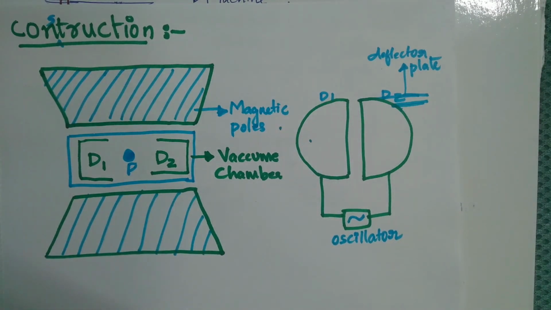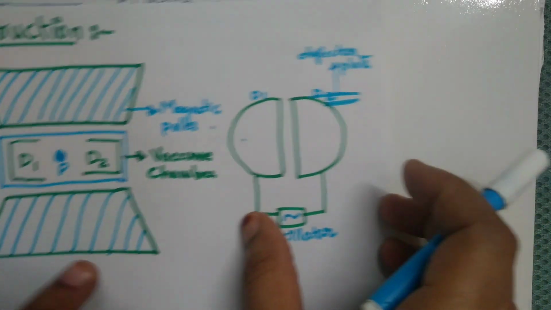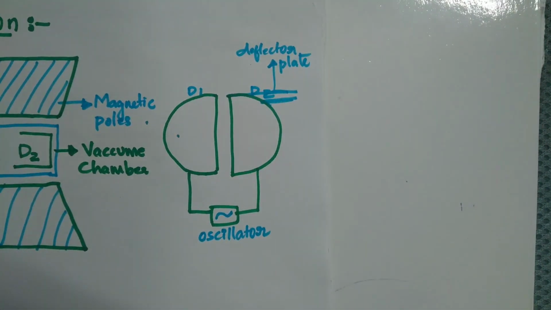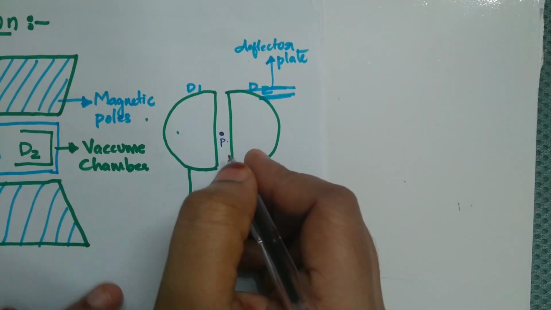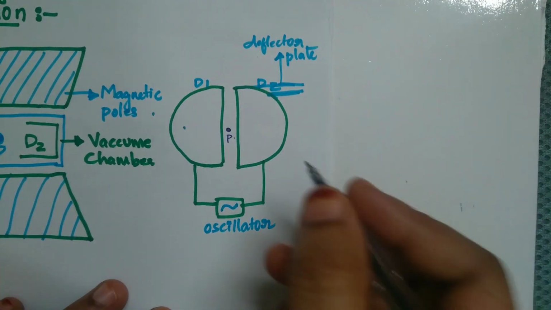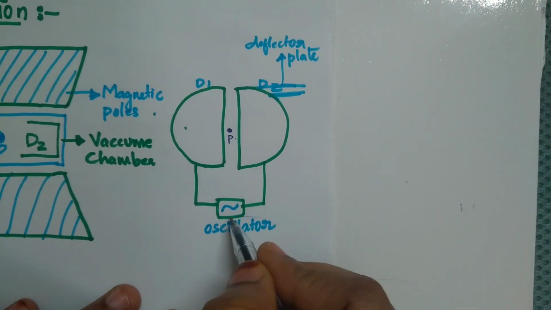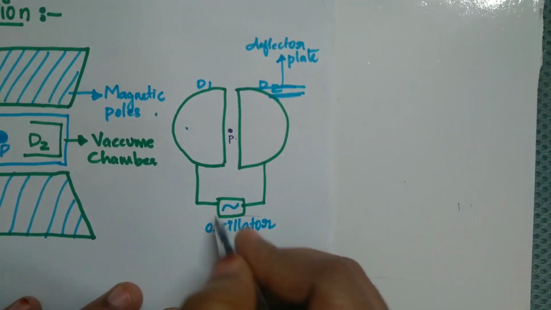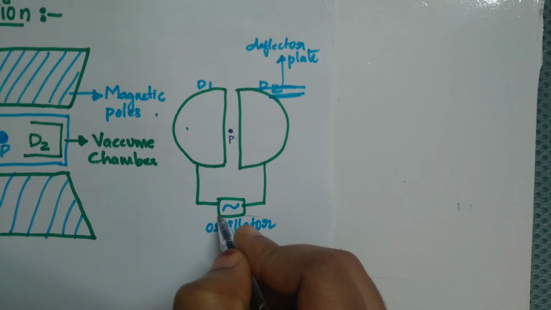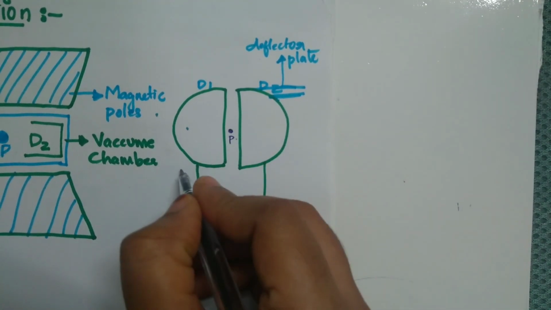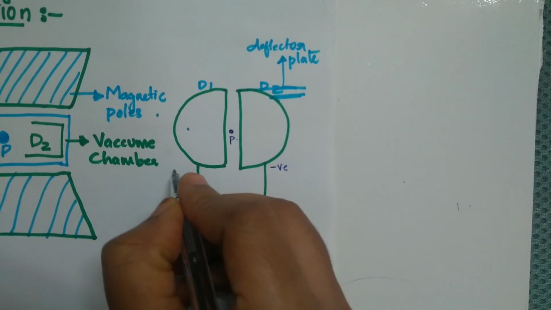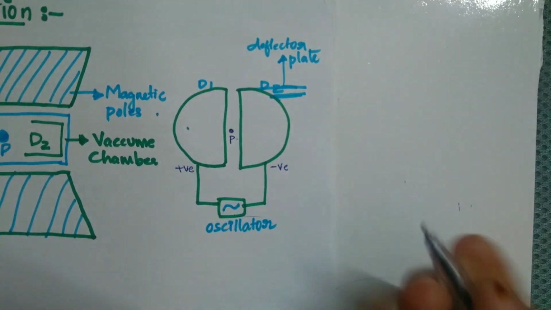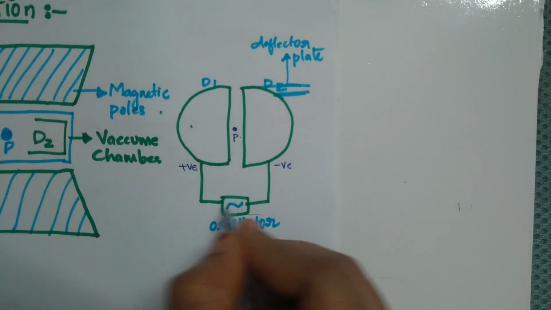Now let us understand the theory behind this. Suppose the charged particle is over here, and it is connected to the external power supply. Initially, D2 is at negative potential and D1 is at positive potential, since it is connected to the alternating power supply.